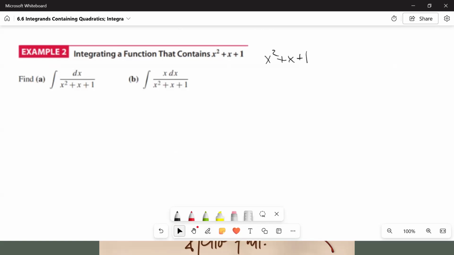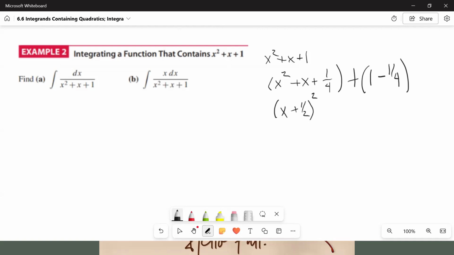If we complete the square on that, you'd have x squared plus x plus 1/4 plus 1 minus 1/4, which is going to be x plus 1/2 squared, plus 3/4.